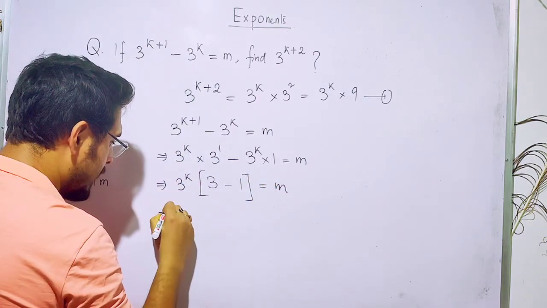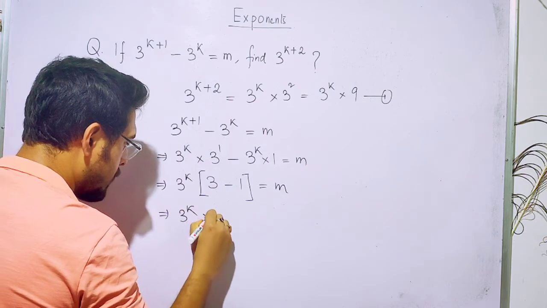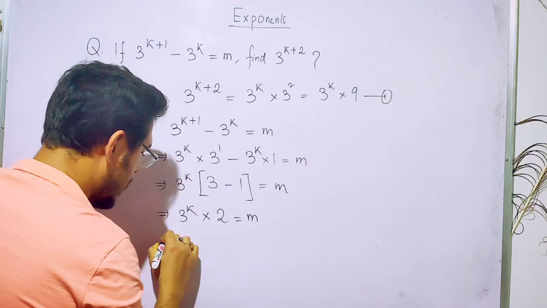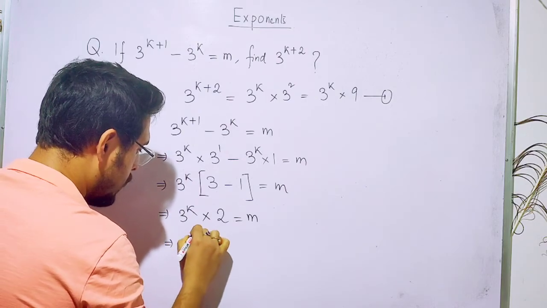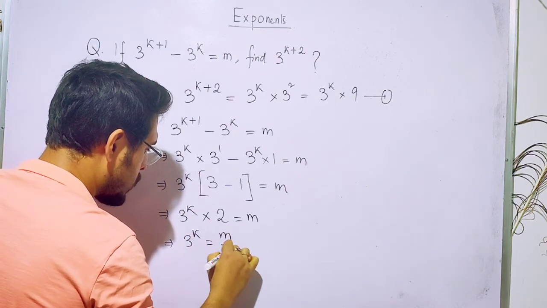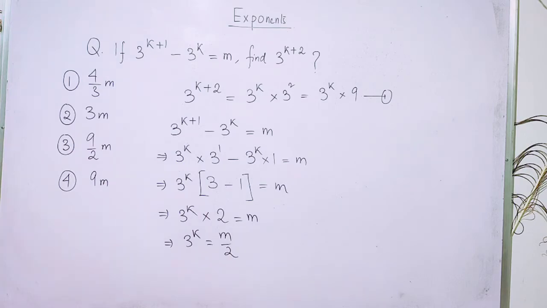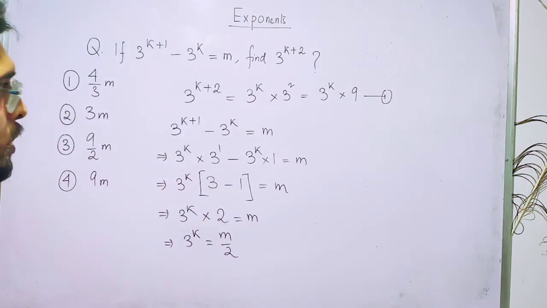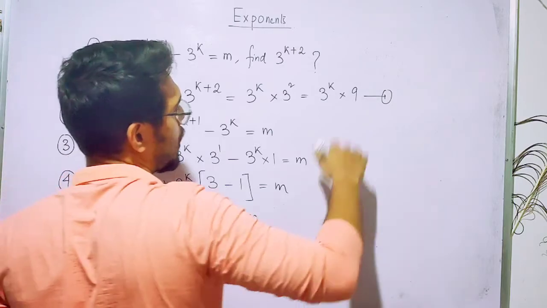So from here I can say 3 to the power of k multiplied by 3 minus 1, which is 2, equals to m, which means 3 to the power of k will be equals to m over 2. Right? So now 3 to the power of k is equals to m over 2. Now where did I see 3 to the power of k?